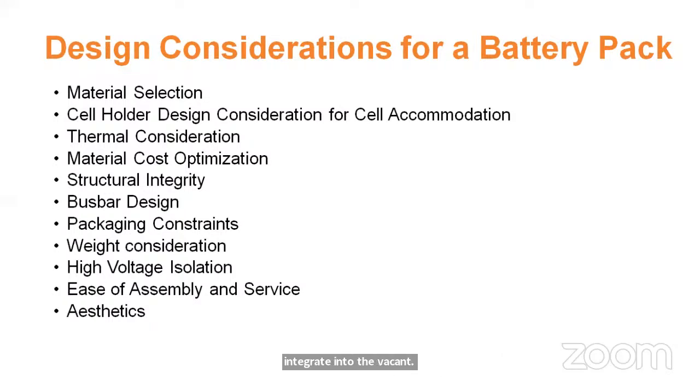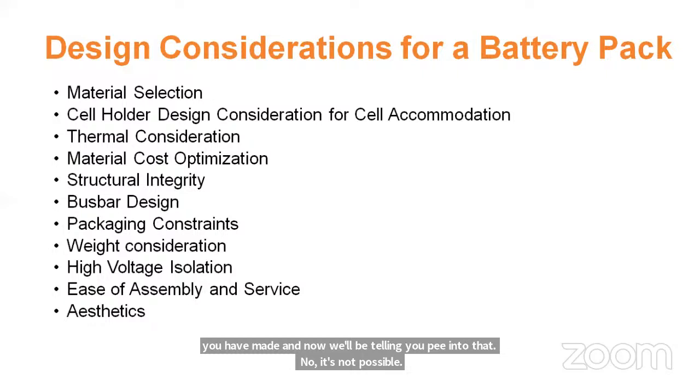In a vehicle there are predefined spaces, and the battery pack should get fixed in this space. That is the mechanical, packaging constraint for you. Your battery pack should fit into that. You can't make any dimension enormously and then tell it to fit. It's not possible. So packaging constraints are also there.